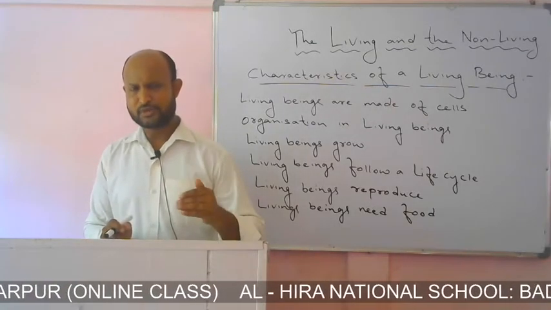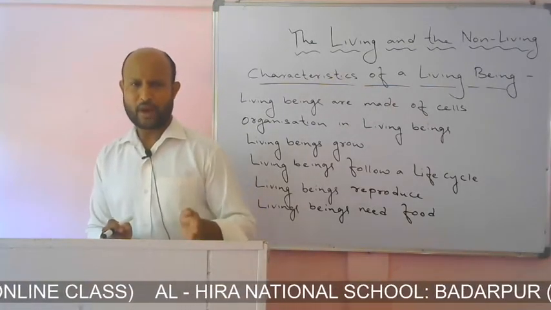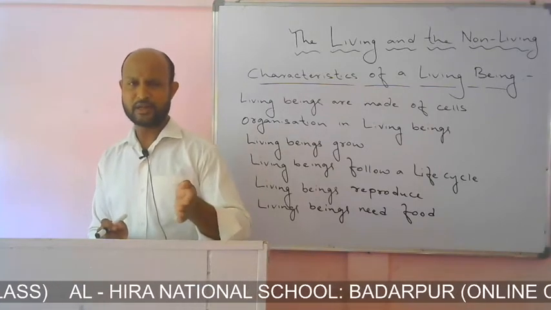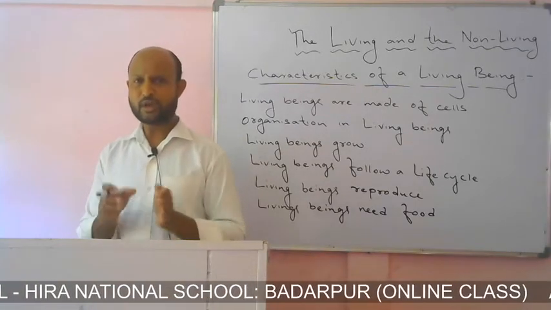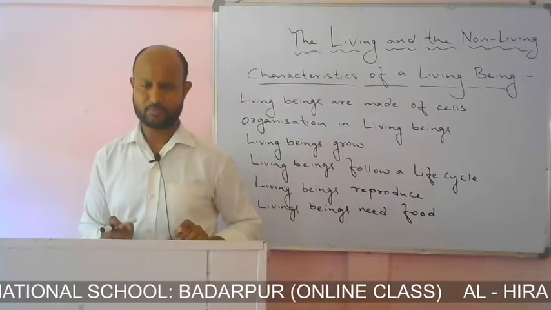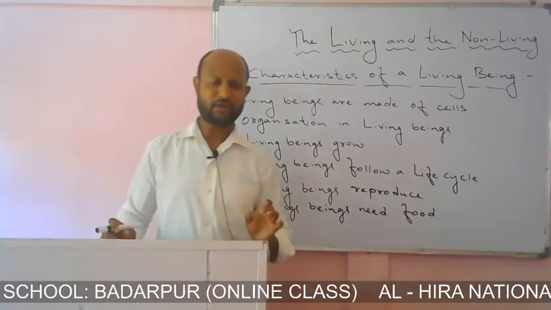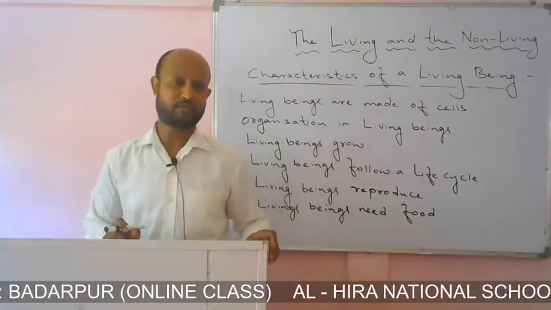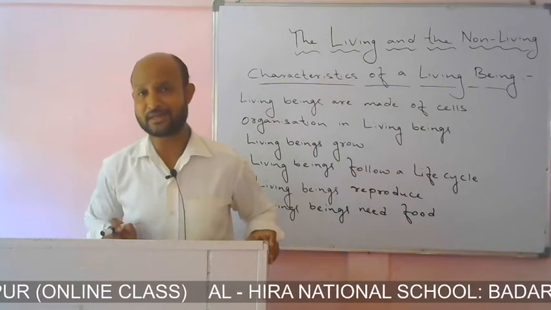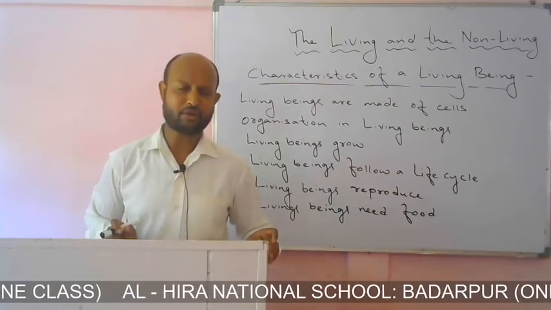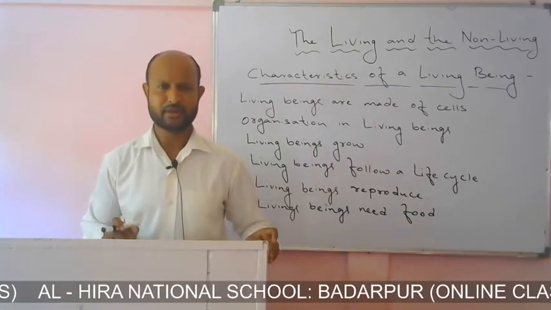So students, if you stop for a while and think about what the living and the non-living things have in common, we can see that living and the non-living things are both made of small particles known as matter. All the living and the non-living things are made of matter.